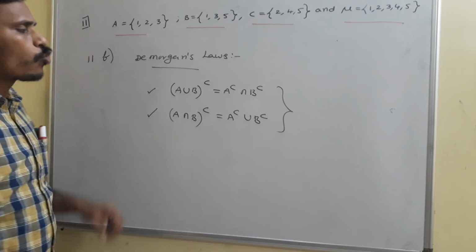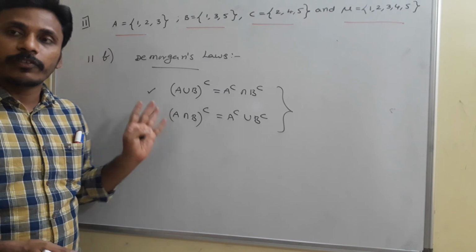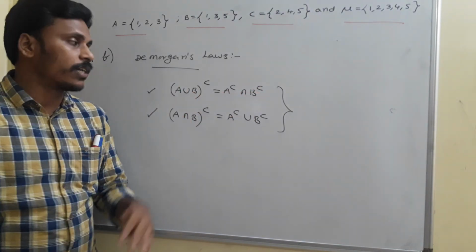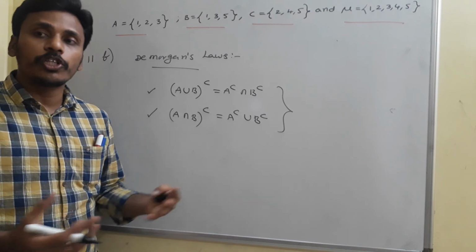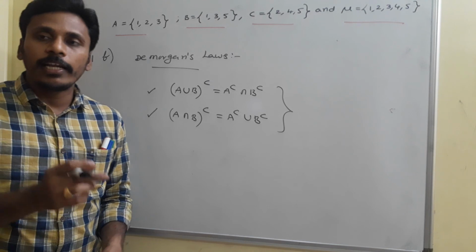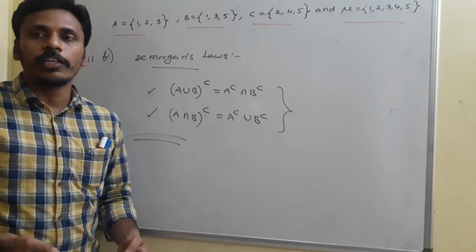You can prove these two also. First of all, find A union B and then its complement, that's the left side, and then A complement along with B complement, their intersection, that's the right side. If you observe, these two will become equal, and we call that property De Morgan laws of sets. You can prove it just by observing the list of elements.